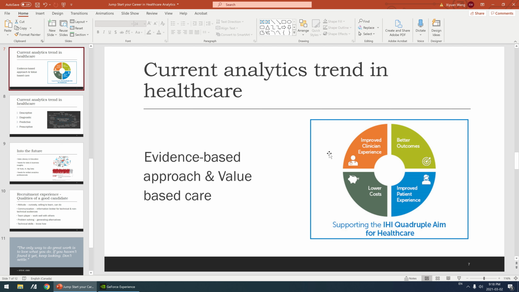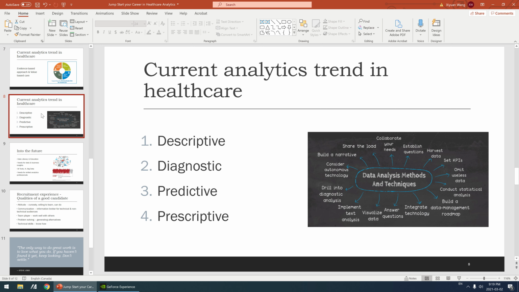And how can we also take care of our human resources from the HR perspective, with improved working conditions and environment for our clinicians as well? So this is the why we're going to use analytics and data in healthcare, to drive these objectives.